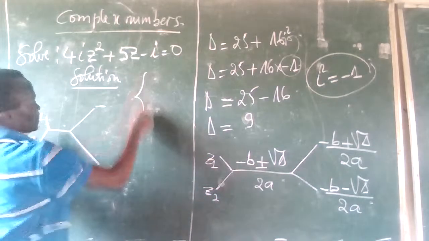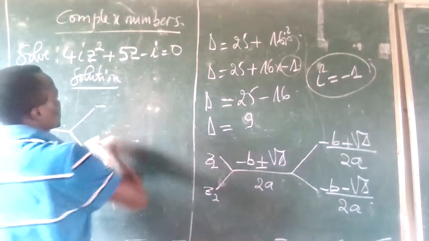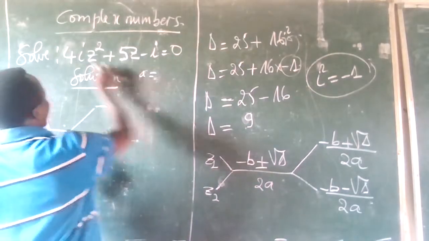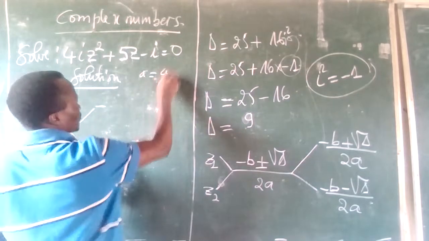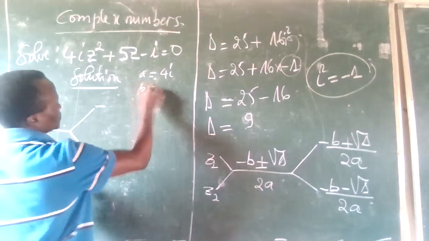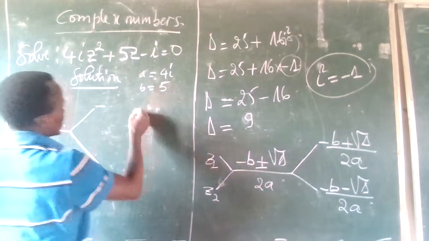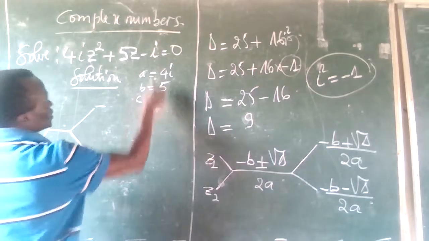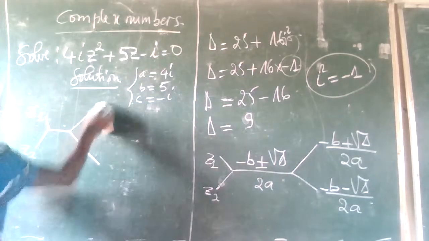This is A, it is the factor of this Z square, it is 4i. How is B? It is the factor of this Z, it is 5. And C is this minus i. You see?